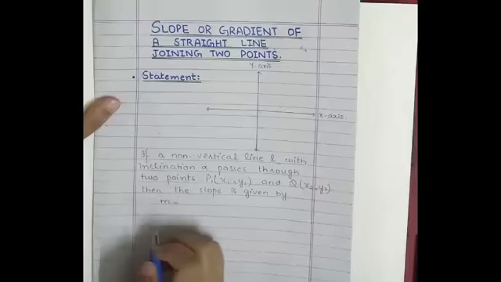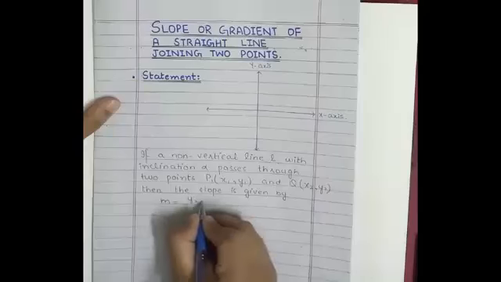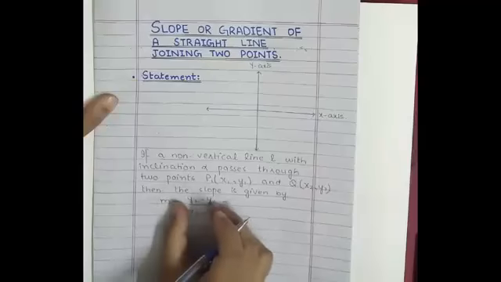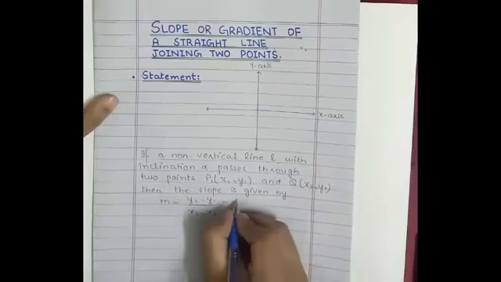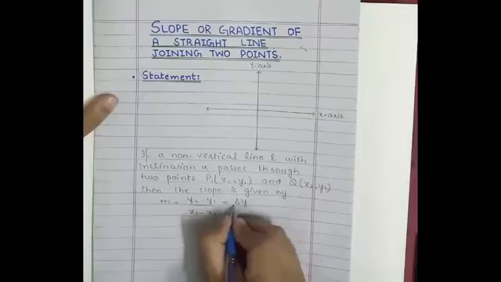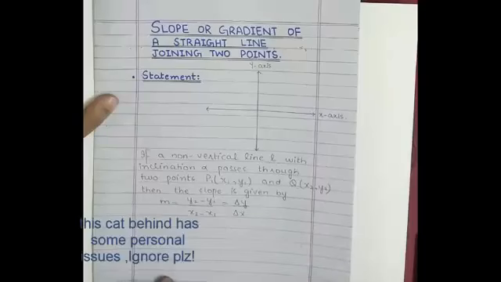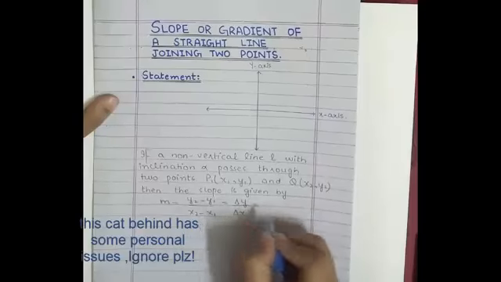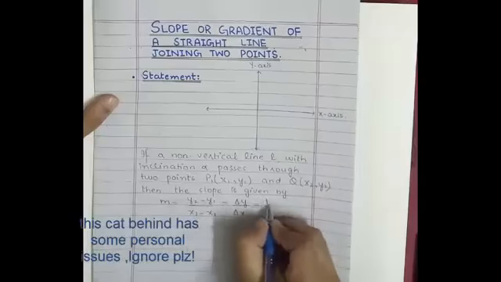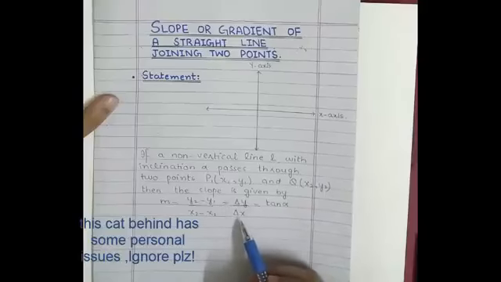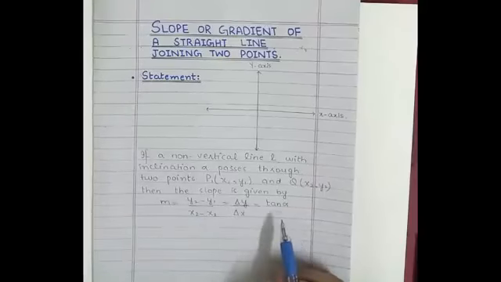So m is equal to y2 minus y1 divided by x2 minus x1, which we also call the difference between 2 points, represented as delta y, and the difference between 2 points x1 and x2. Also we can write the slope is equal to tan alpha, because y over x is equal to tan alpha.